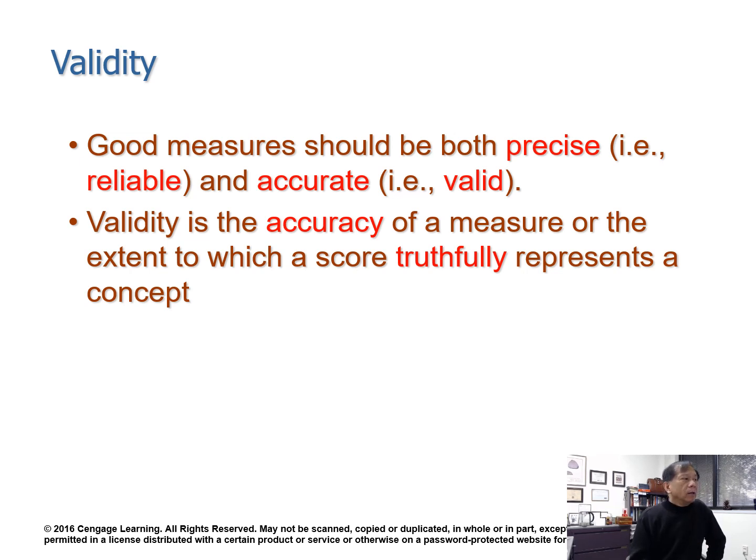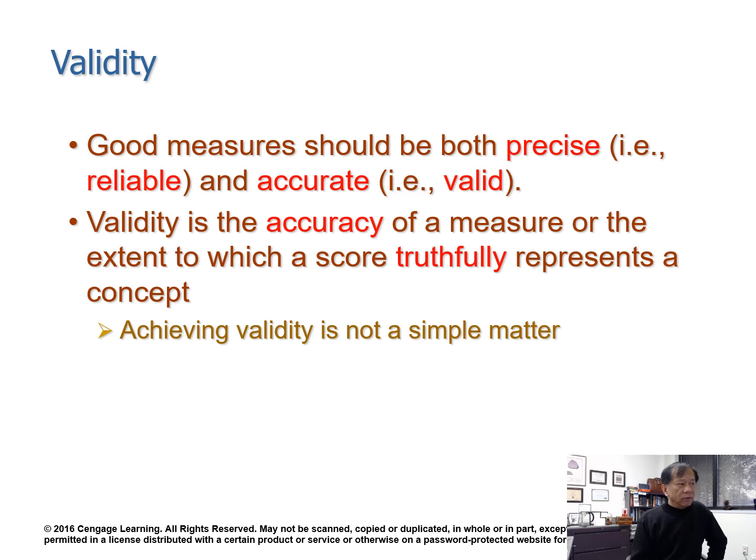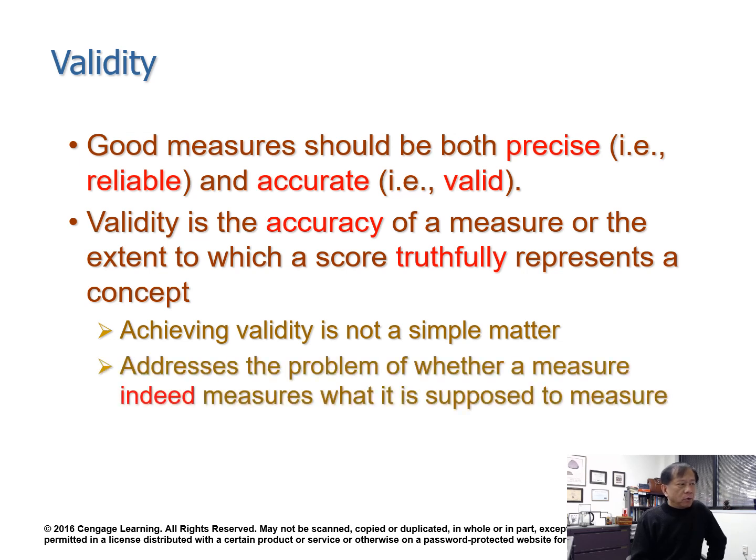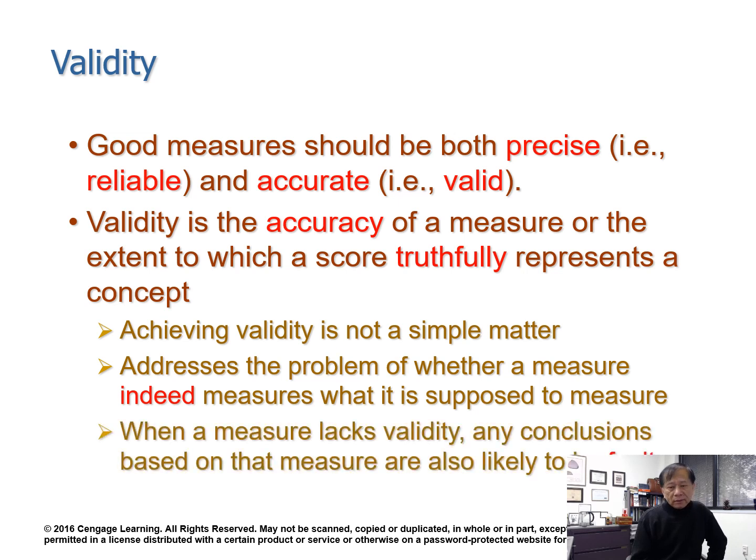Validity is the accuracy of a measure, or the extent to which a score truthfully represents a concept. Achieving validity is not a simple matter. It addresses whether a measure indeed measures what it's supposed to measure. When the measure lacks validity, any conclusions based on the measure are also likely to be not good.